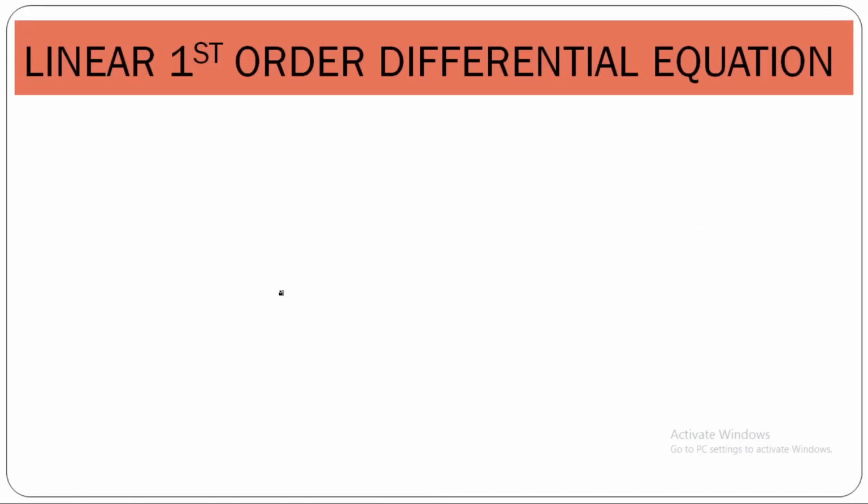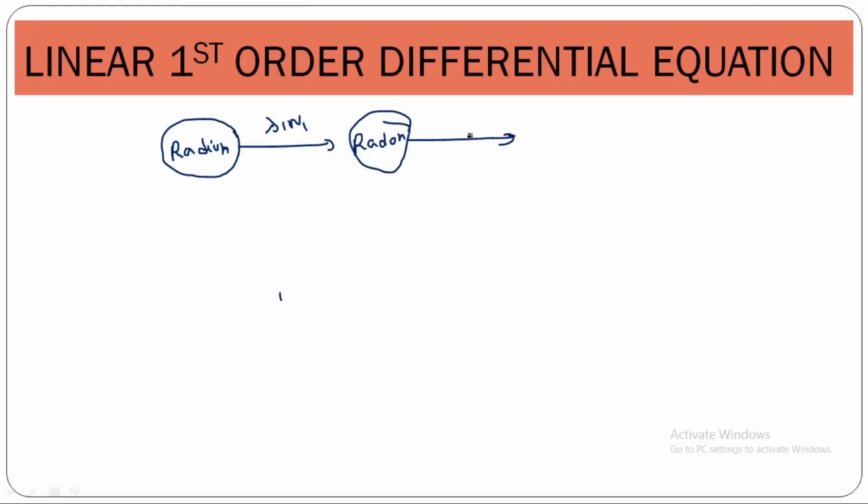So first, what you have is just radium at t is equal to 0. Radium decays at the rate of lambda 1 n1, that means radon is formed at the rate of lambda 1 n1. Now radon is also decayed at the rate of lambda 2 n2. So what is the rate of formation of radon?